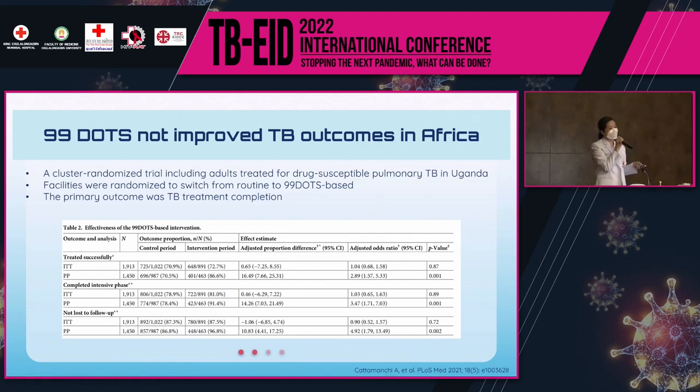So this is a study that did not show benefit of 99DOTS, and from this study, 99DOTS has been criticized for non-improved TB outcomes, because it requires the patient to text a number to the healthcare provider after they took their medication. So this requires additional work from the patient, and this is why it does not work.